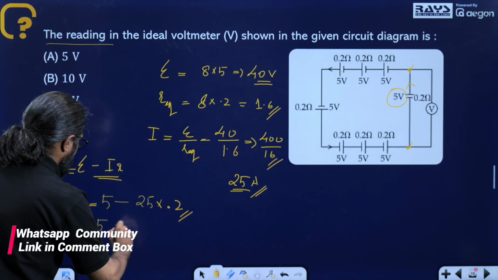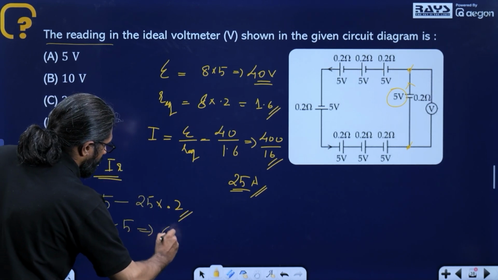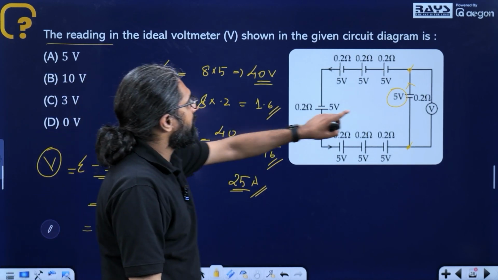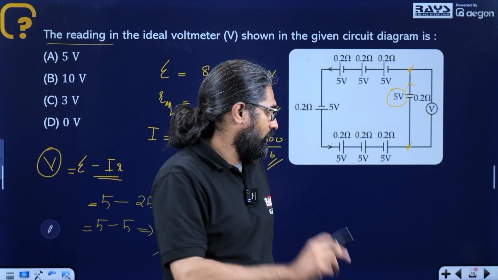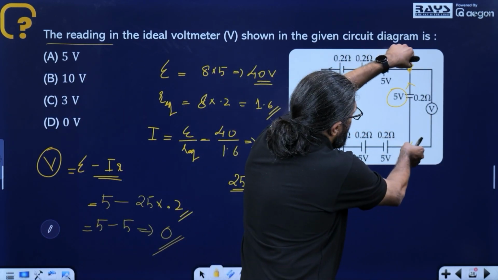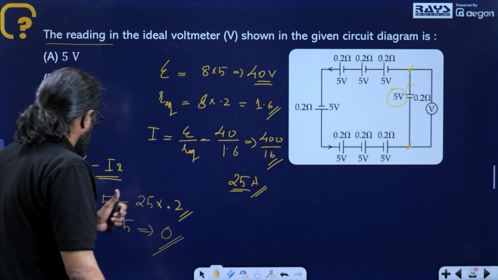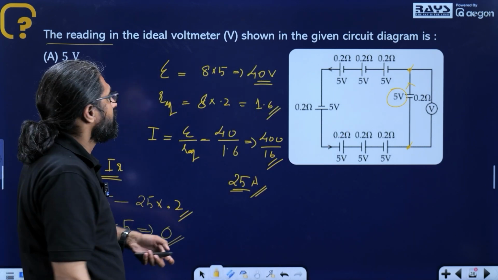That is again 5 minus 5. The answer would be 0. The voltmeter here would read 0, because the terminal potential across this cell would then become 0 because it's E minus IR.